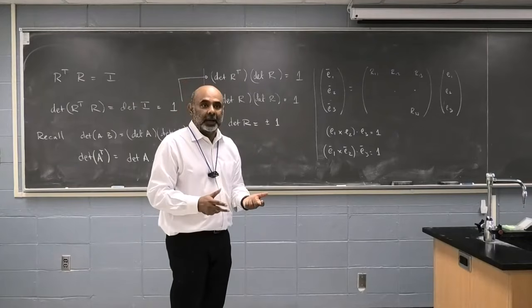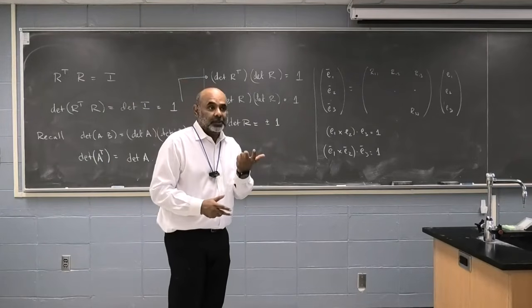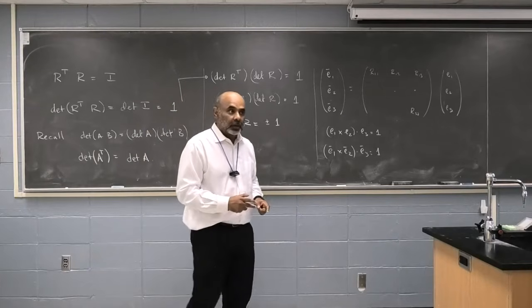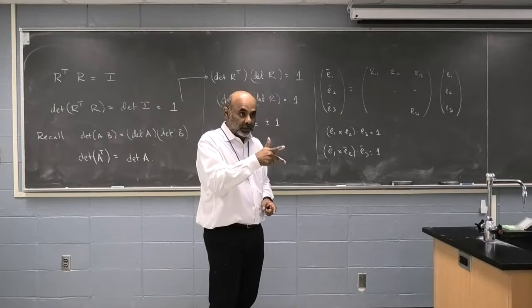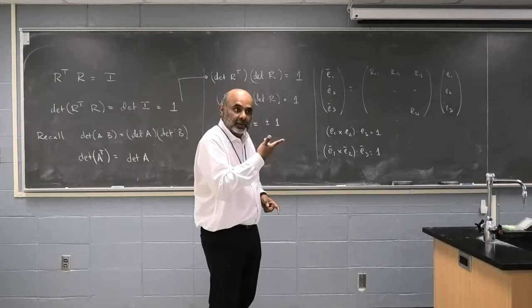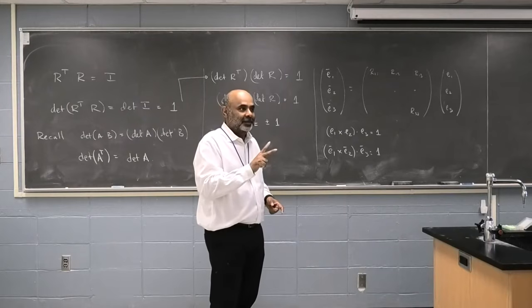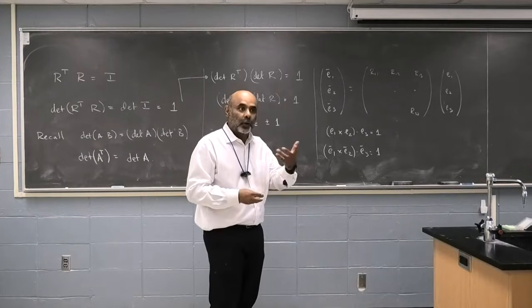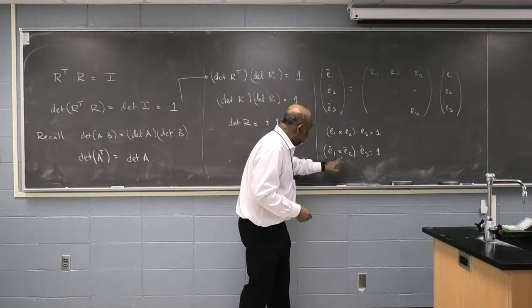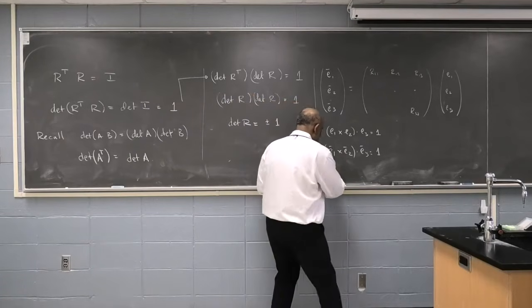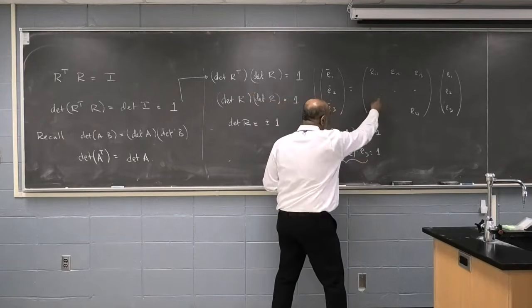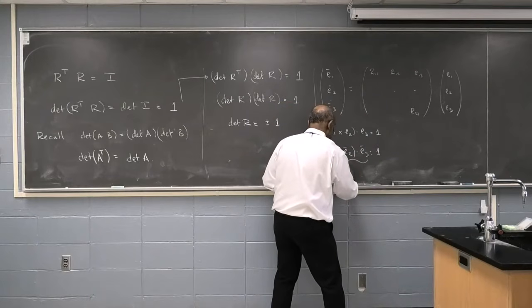When you do your right-hand rule, this might sound silly, but this is the proof. You can do it this way, or you can rotate it and do it. And that's the orientation. You will show that this is nothing more than determinant of R.